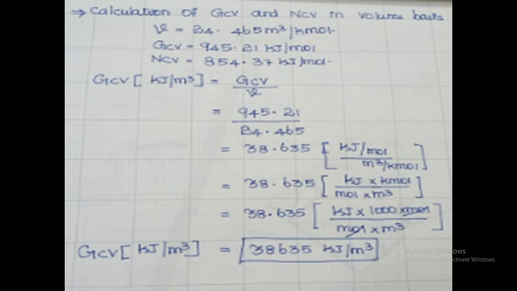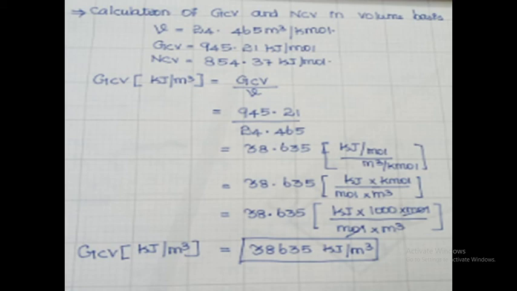You should take that value and substitute here. We already have the specific volume, which is given data. Substitute here 24.465. Divide these two values, we get 38.635. So what is the unit of GCV? Kilojoule per mole. The unit of specific volume is metric cube per kilomole. Are you clear or not?